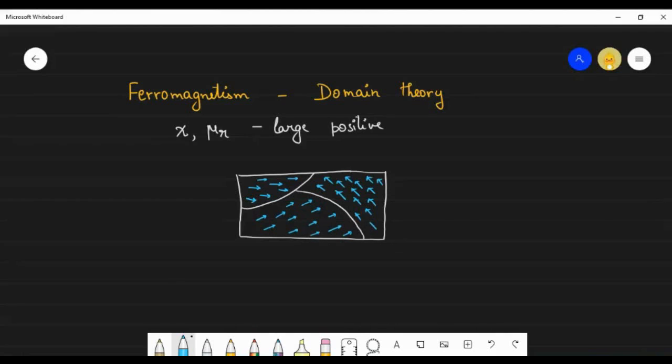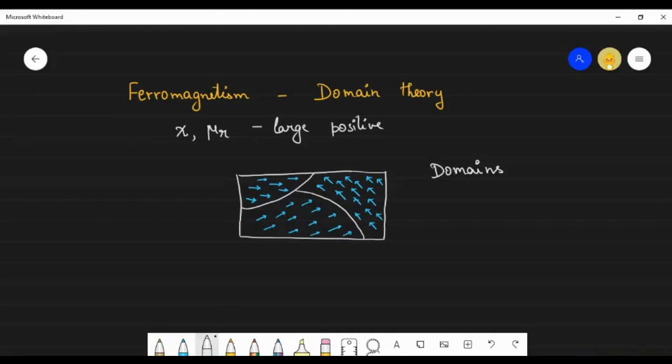So the presence of these regions, which are called domains, is what is responsible for the large and positive magnetization, in addition to the permanent magnetization of ferromagnetic material.